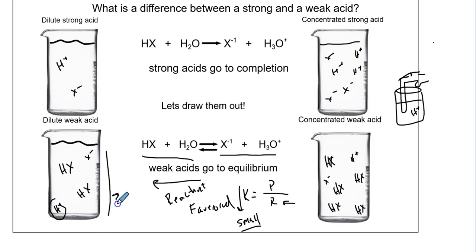Do we see any here? Well, we got one. So here we got a bunch. In this case, keep in mind that the HX here is not acidic until it actually produces an H plus ion. So there you go. That's important to note.